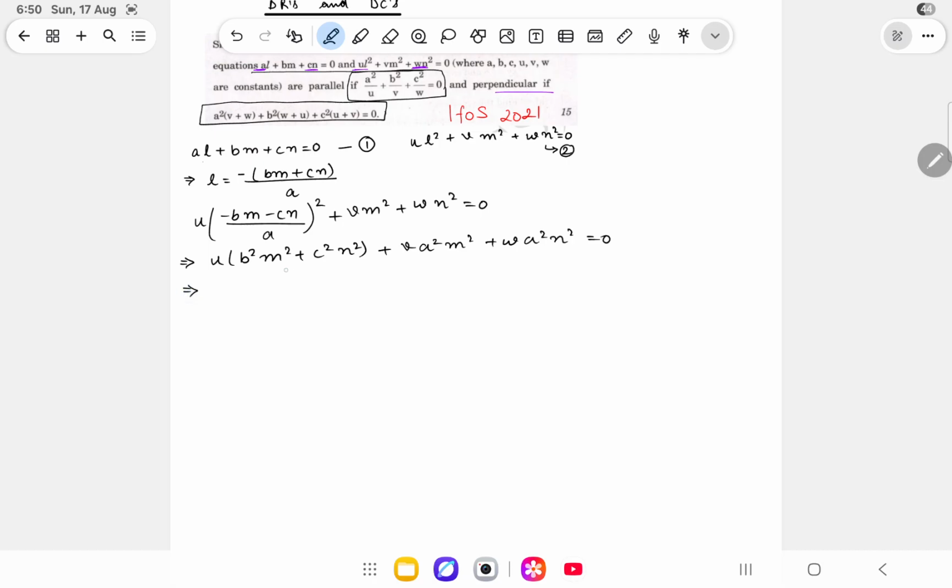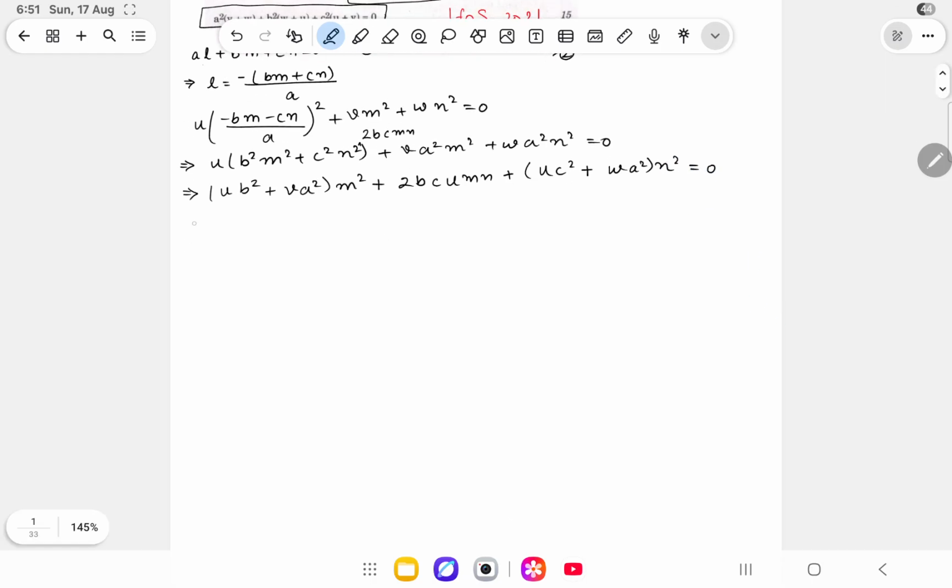Let's club in the coefficients of M square together, and likewise for N square and MN. Oh, here I missed a term. Here we'll also get 2BCMN. So if we club the coefficients of M square, we'll get UB square plus VA square, M square, plus 2BC MN, and the coefficients of N square are UC square plus WA square, N square.